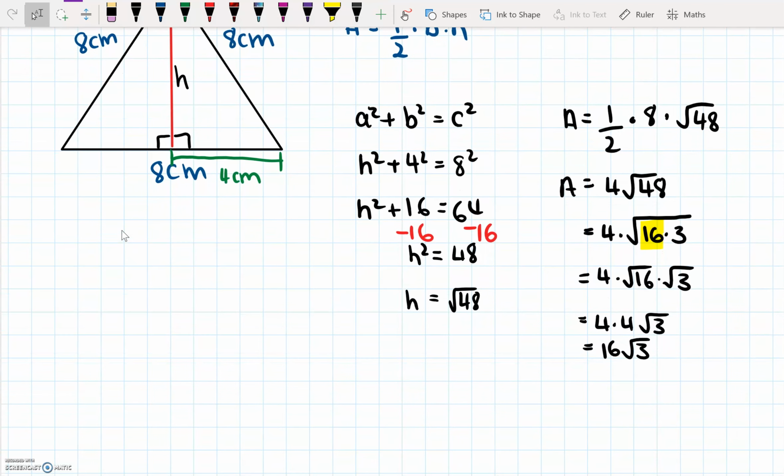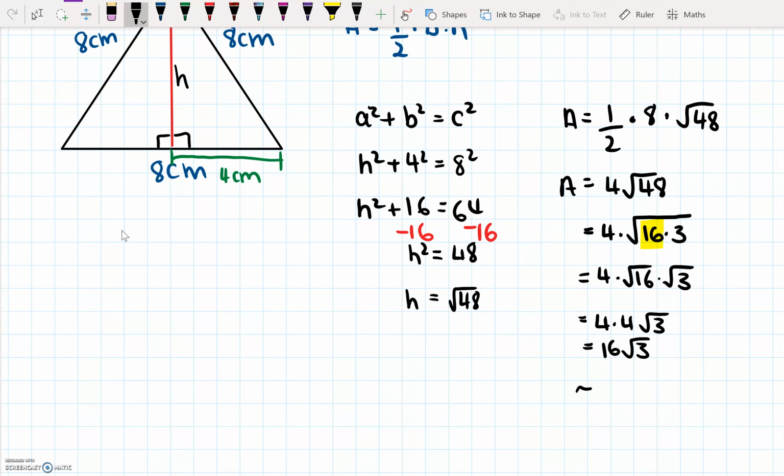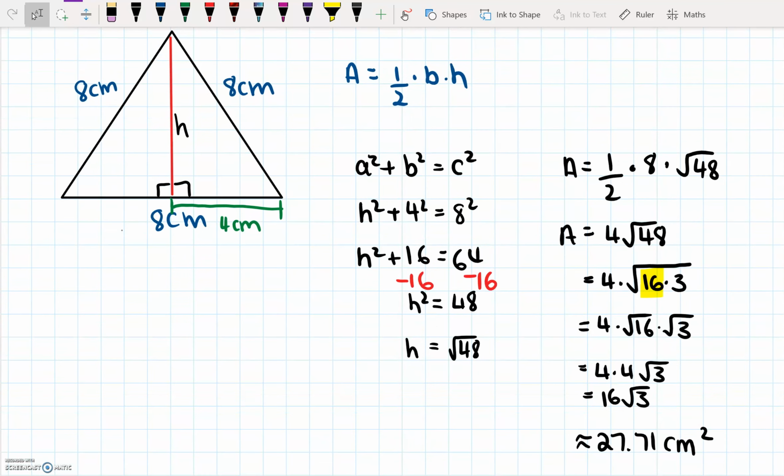So it's approximately equal to 27.71 centimeters squared. Remember, with area, it's always going to be squared, unless we're talking hectares, but that's a different story. Okay, now this was a simple one.